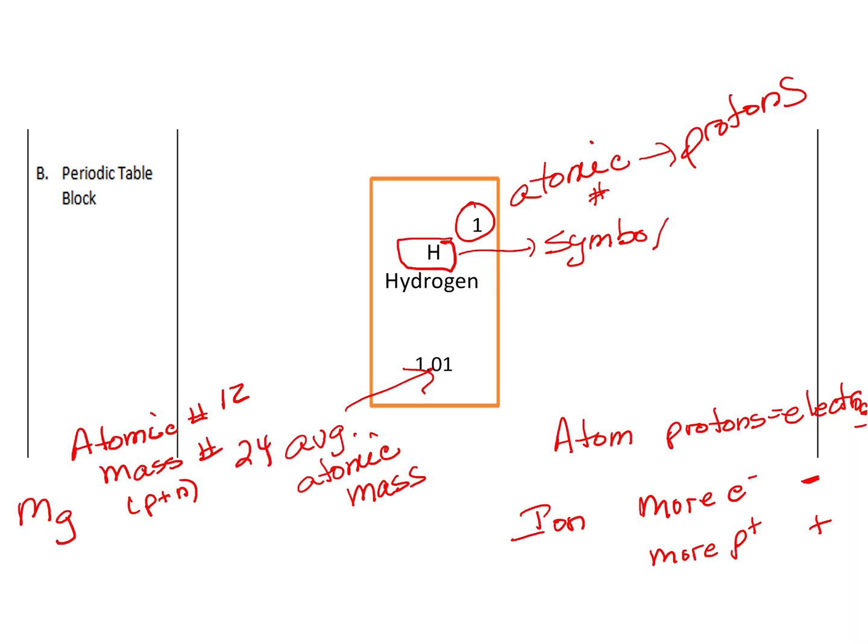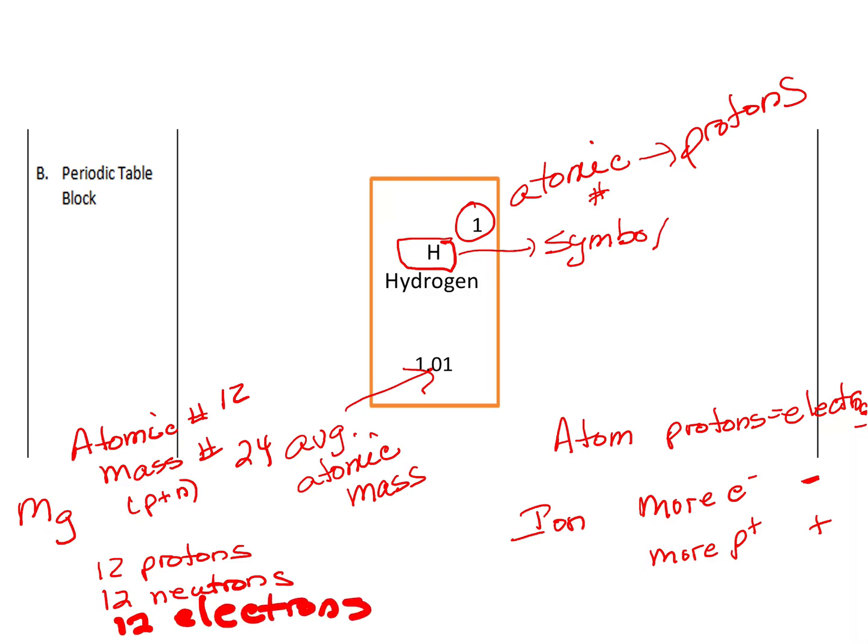So if magnesium has an atomic number of 12, that means it has 12 protons. If it has a mass number of 24, 24 minus 12 is 12, so it must have 12 neutrons, because added together, they will make up our mass. And then it is neutral, and so it will also have 12 electrons.